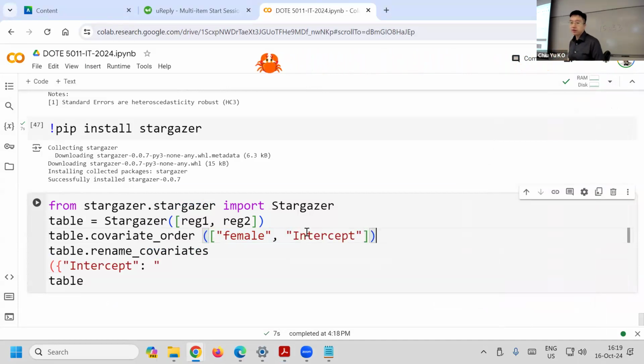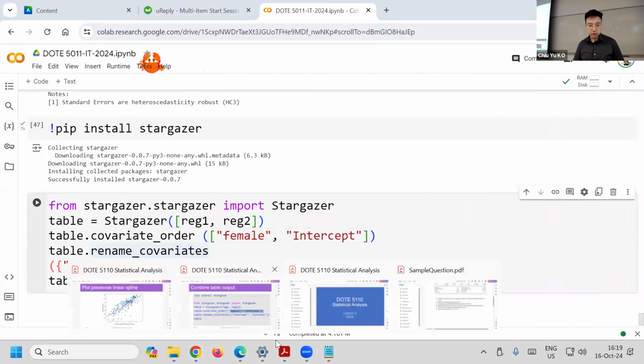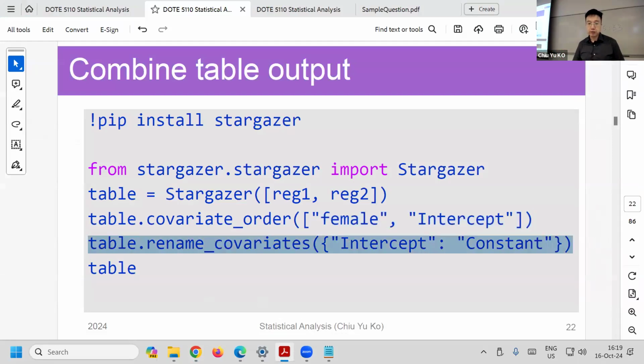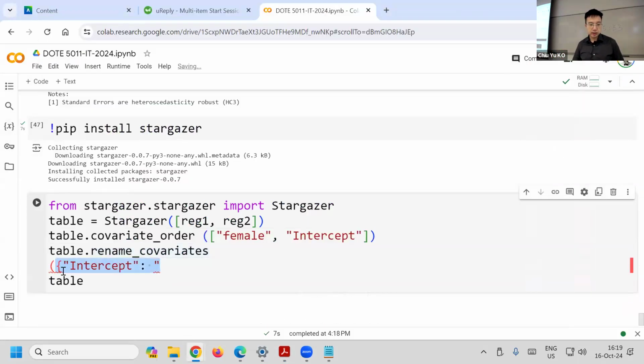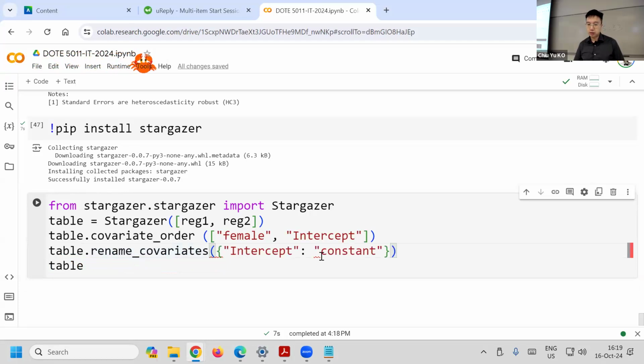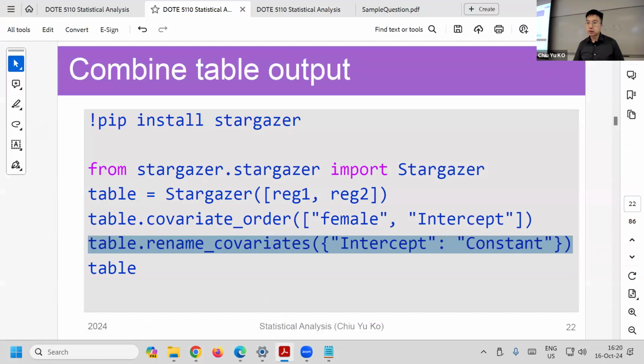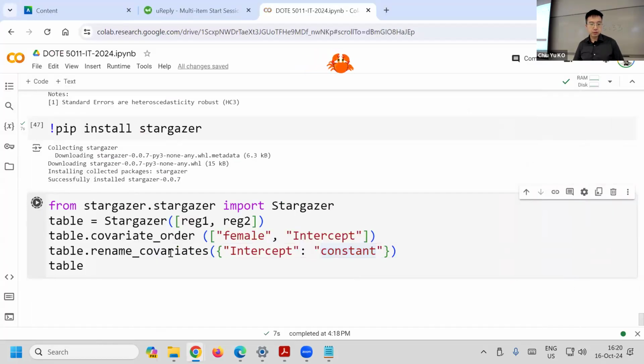I care about female or male first, in reverse order. And I want to rename the intercept as a constant, because I really don't like the term intercept. Here I have to give a dictionary. Then I will output the table.